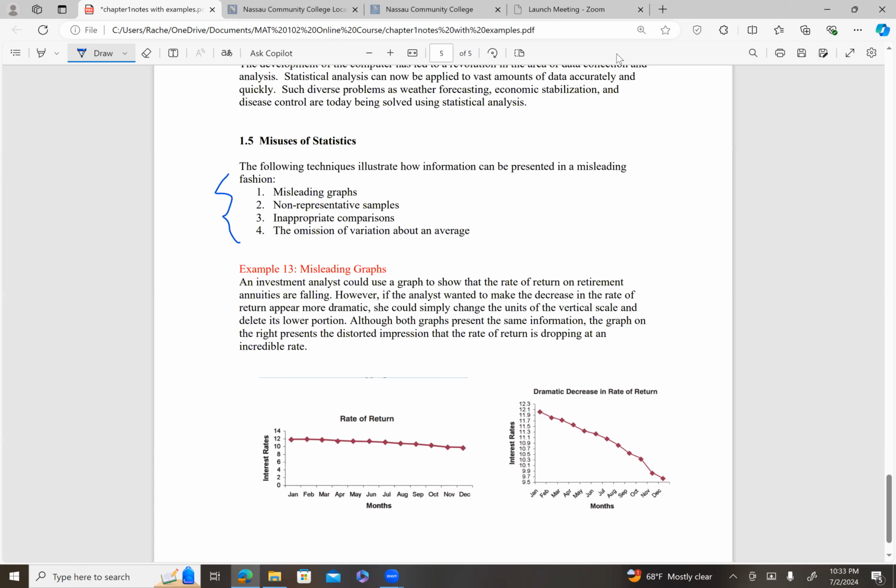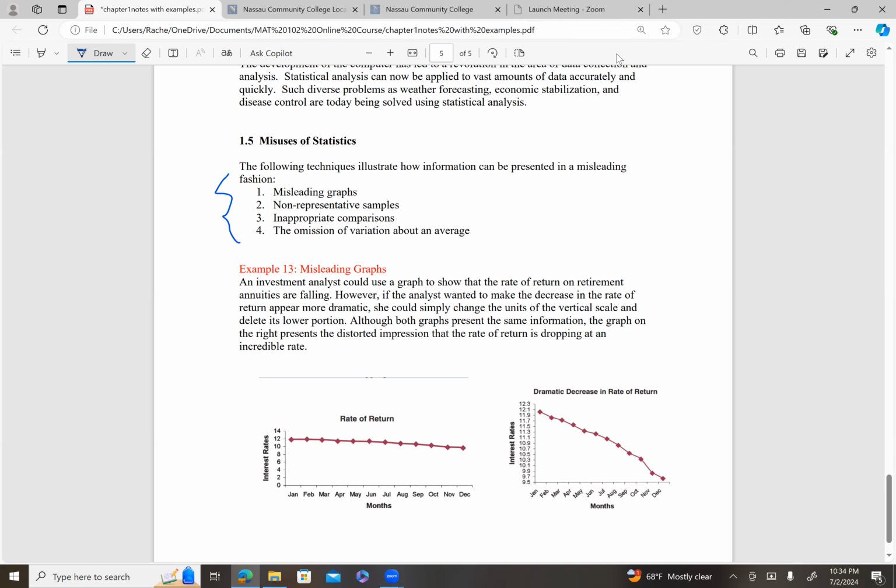Number 1, misleading graphs, and we'll look at an example of a misleading graph. 2, we just talked about taking a non-representative sample. It's going to be biased. It's not going to represent the population accurately. 3, inappropriate comparisons. A lot of times people will make comparisons, but they're inappropriate, and it's going to lead to conclusions that might not necessarily be accurate.